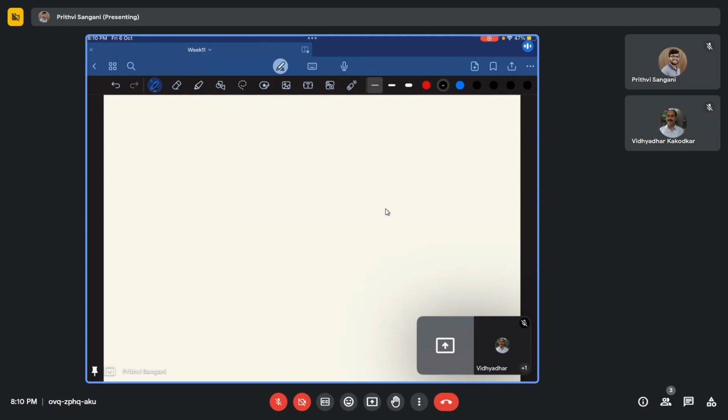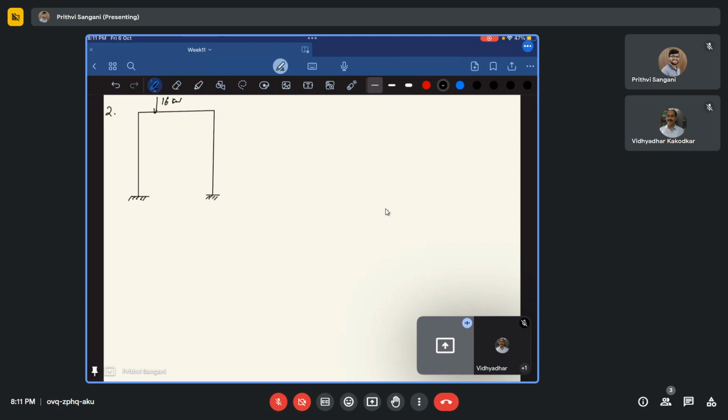So the question is something like this. We have a simple frame, and there is a point load acting.